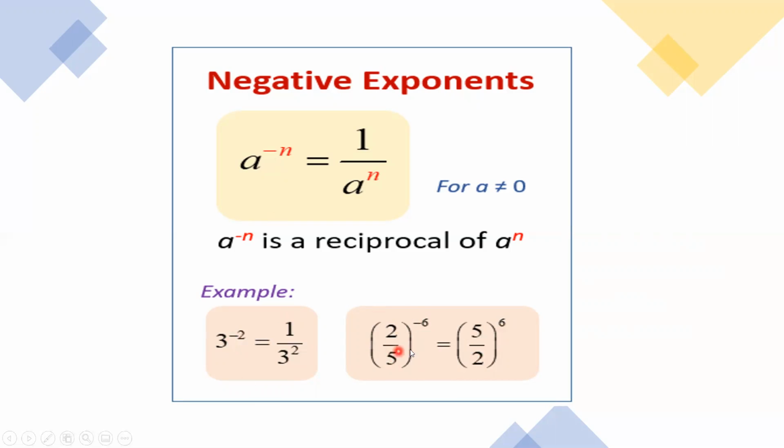But when it is a fraction with a negative power, we just flip the numerator and denominator, then we get the answer. So 2 over 5 to the power of negative 6: 2 is the numerator, 5 is the denominator. Now I need to flip it, so it's going to be 5 over 2. 5 is the numerator, 2 is the denominator. And I change the power from negative to positive. Please keep this in mind. Then it's going to be very easy for you to solve the rest of the questions.